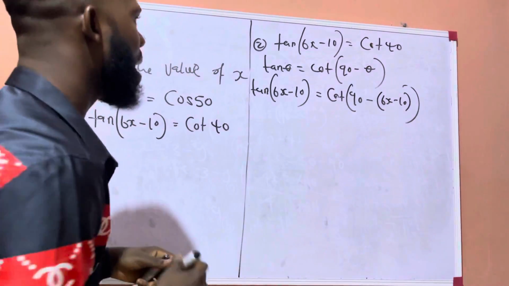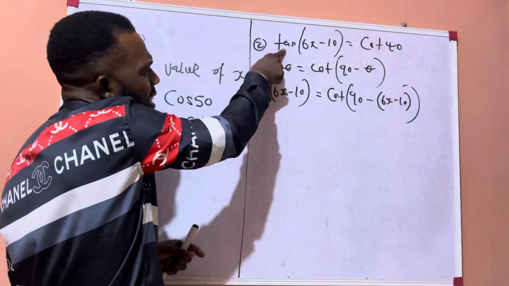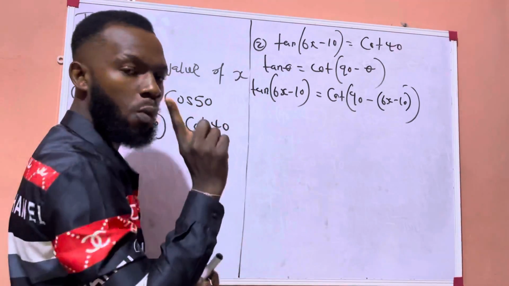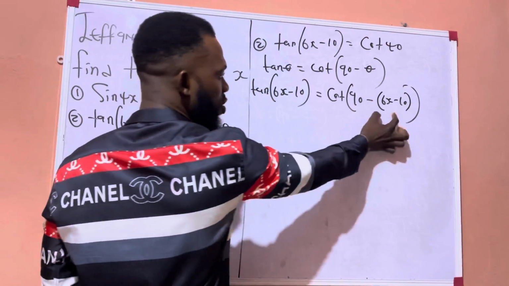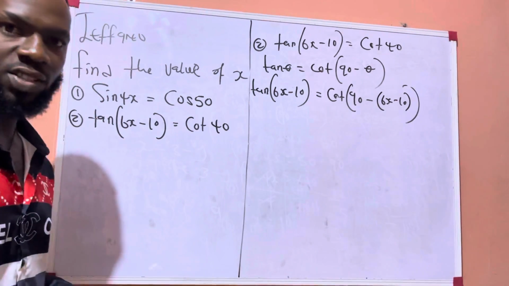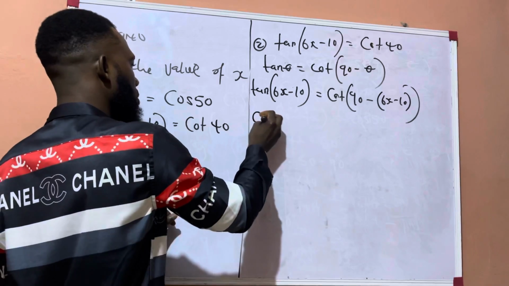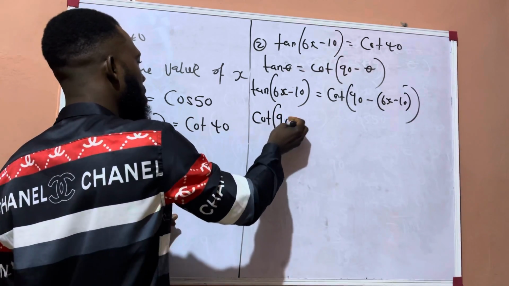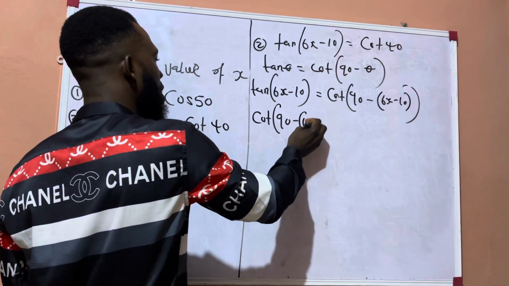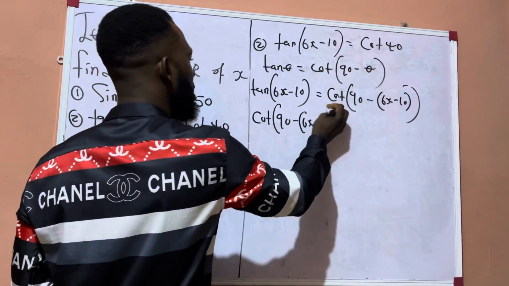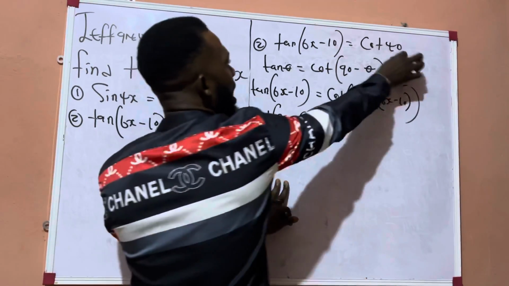Instead of writing tan (6x minus 10), I will now write cot of 90 minus, in the bracket, 6x minus 10. So, rewriting the question, I'm going to have cot of 90 minus (6x minus 10) is equal to cot 40.